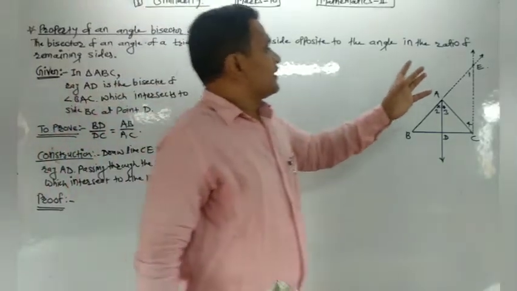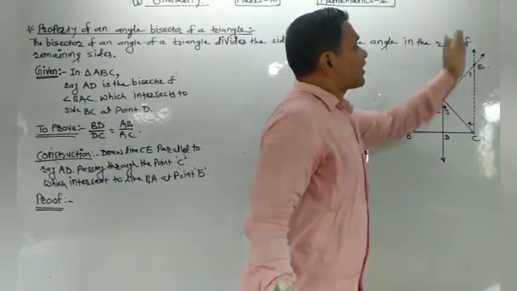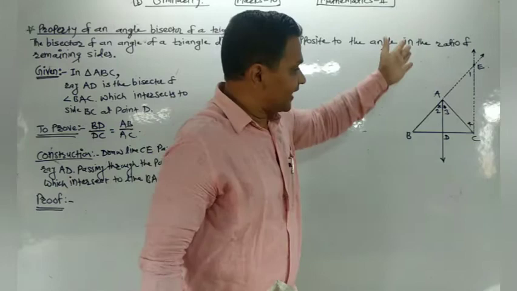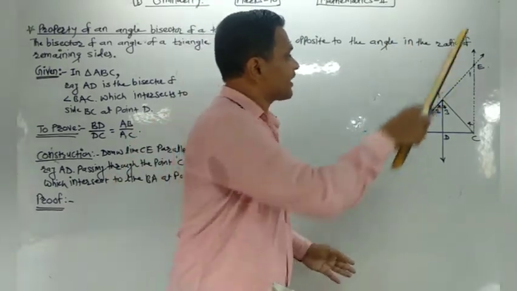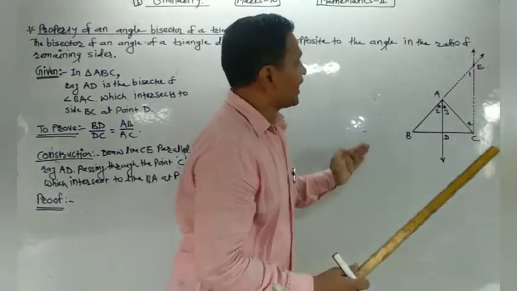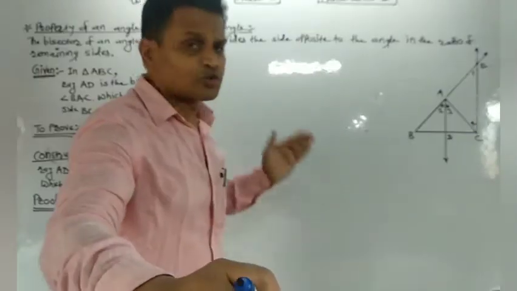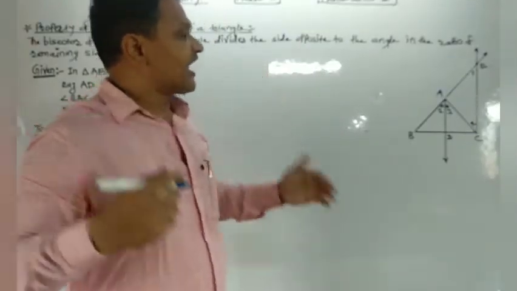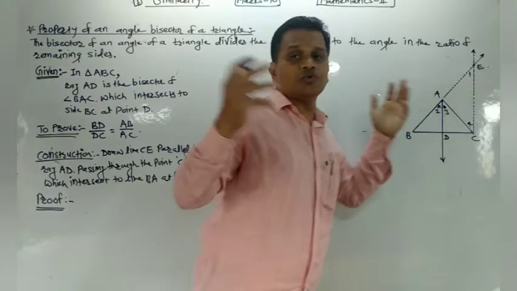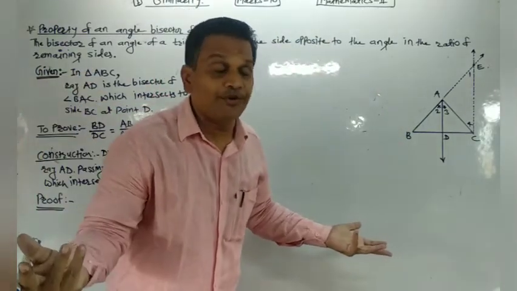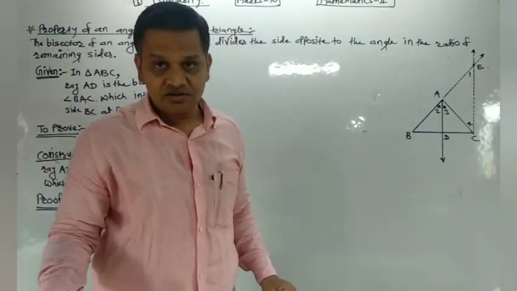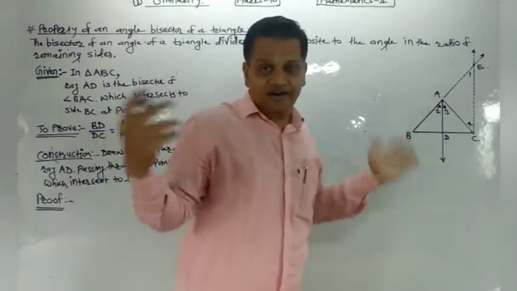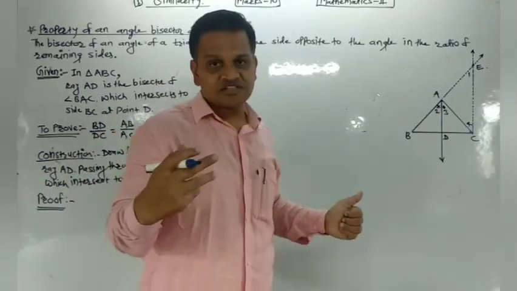Now, is line AD parallel to EC? Yes. Line AD is parallel to EC and line BA is their transversal. Then angle 1 is congruent to angle 2 because they are corresponding angles.